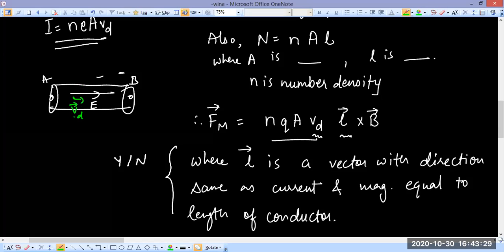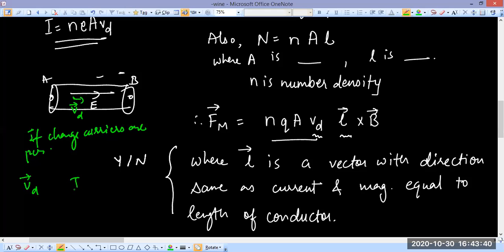So if charge carriers are positive, then Vd and current will be in the same direction. પણ ઇલેક્ટ્રોન હોય તો ચાર્જ કેરિયર્સ નેગેટિવ હોય એટલે ડ્રિફ્ટ વેલોસિટી ઊંધી બાજુ આવે ઇલેક્ટ્રિક ફિલ્ડથી. ડ્રિફ્ટ વેલોસિટી આમ આવે ઇલેક્ટ્રોન્સમાં, બરાબર ને, અને કરંટ તો આમ જ ફ્લો થાય, બરાબર. So ultimately what I'm saying is that electric field and current are going to be in same direction, right?